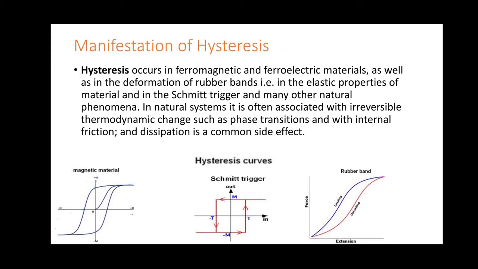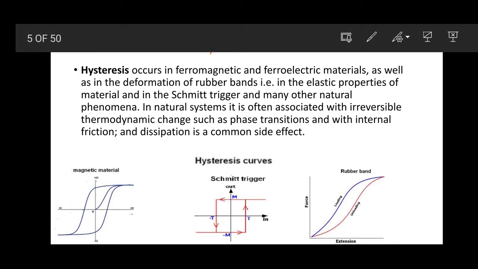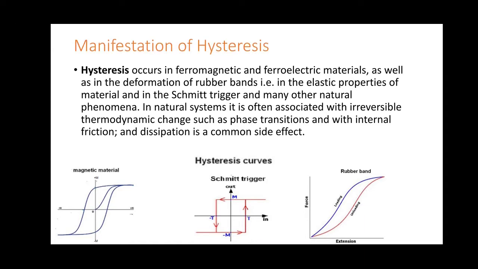In the Schmidt trigger, this is the curve between input and output of the Schmidt trigger. This curve is for the position when steady state has started. But when the Schmidt trigger is off and we increase the input, the output increases and reaches this position.